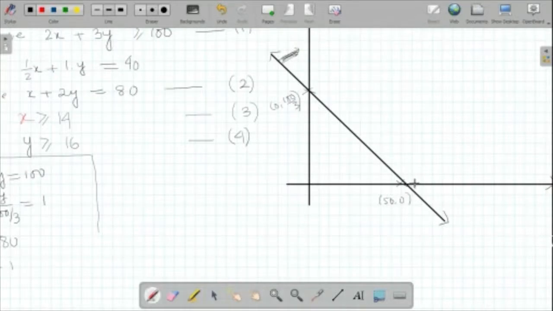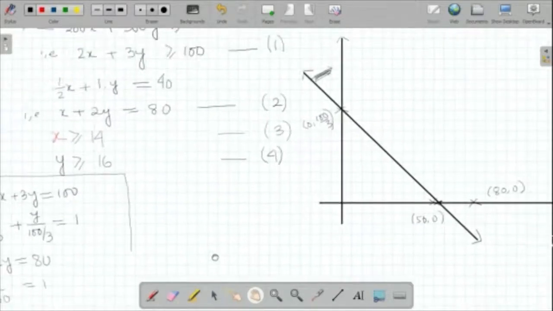So x 50 is here, right? So 80 will be, let's say, somewhere here. Let's say this is my 80. 50 comma 0.